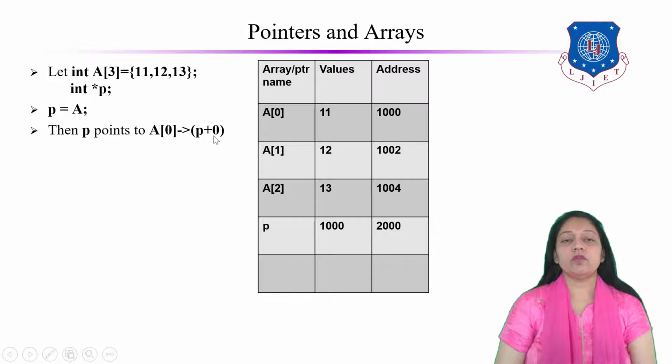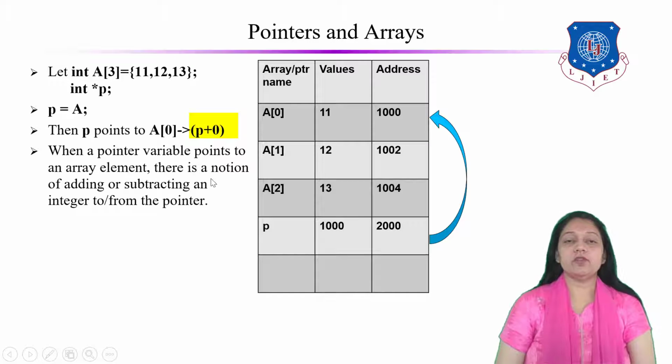Right? So if you want to have the address of A0, that is 1000, we can use ampersand of A0, or using pointers, if you want to have the address of A0, then we can write it as P plus 0. Right? 0 means the first element of this particular array. Here we are using the notion of adding an integer value to the pointer.